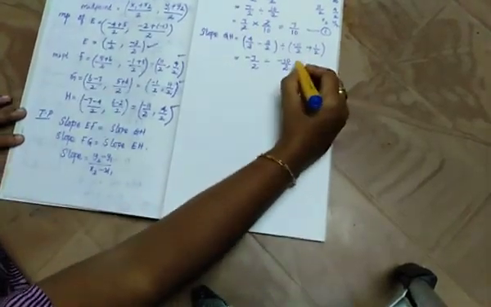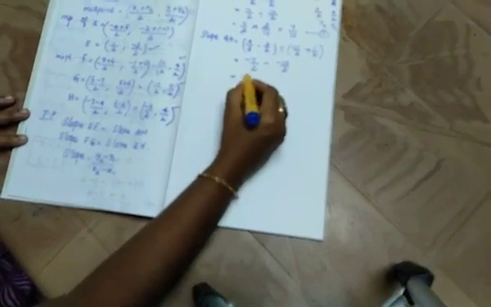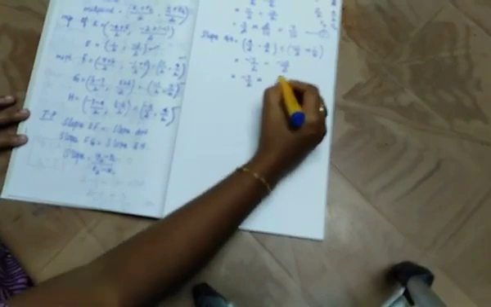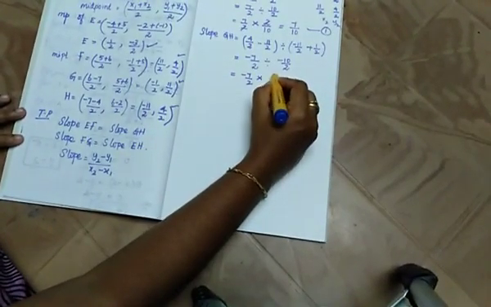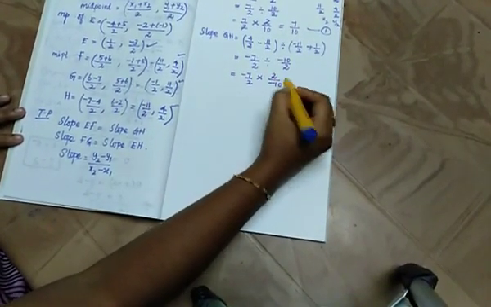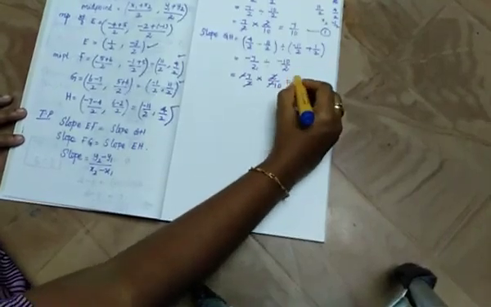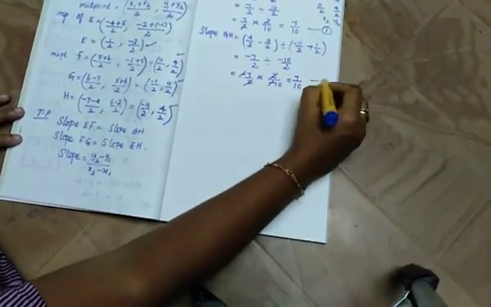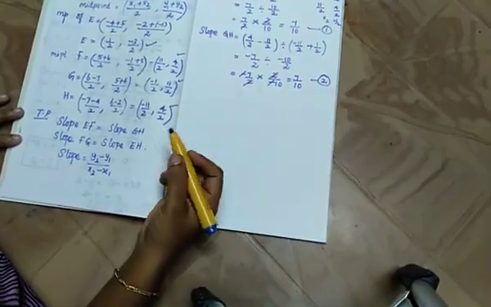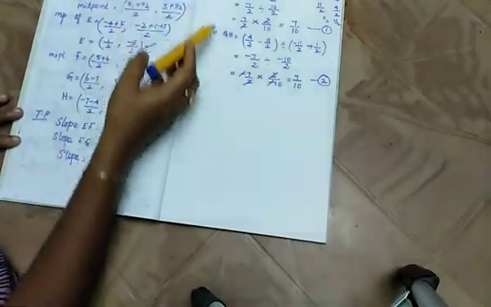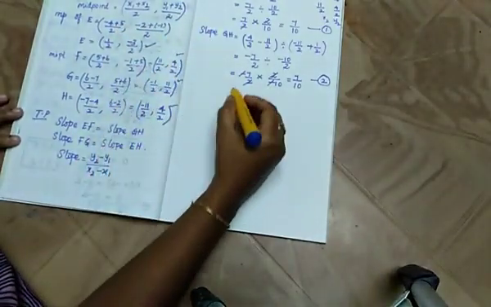Now which is equal to minus 7 by 2. Division will change into multiplication, 2 by, so 2 get cancelled, minus minus get cancelled. So from 1 and 2, slope EF is equal to slope GH.